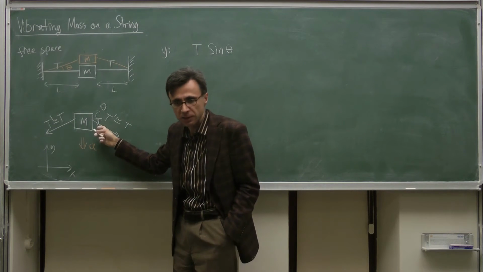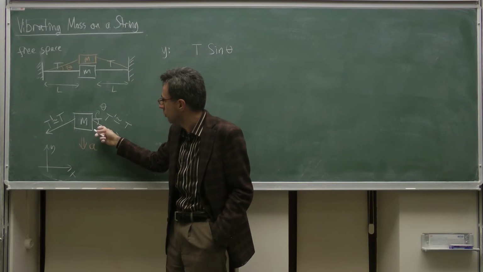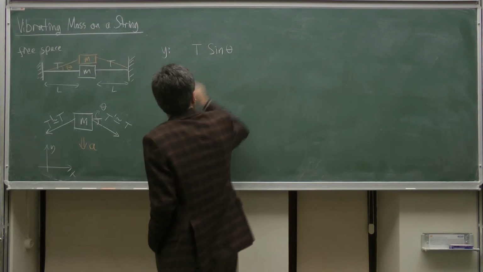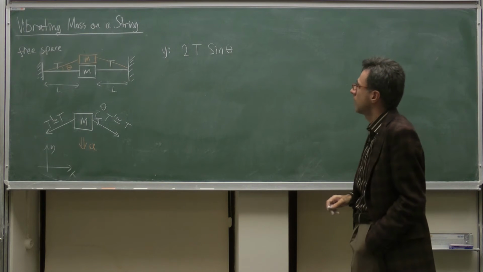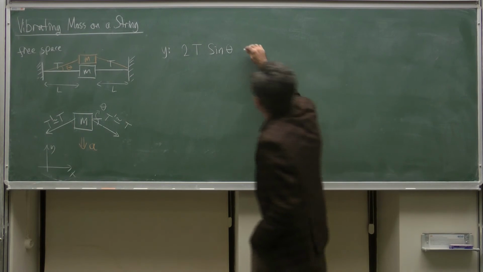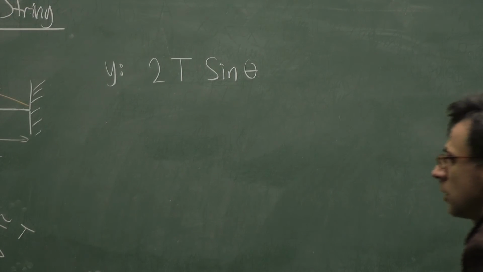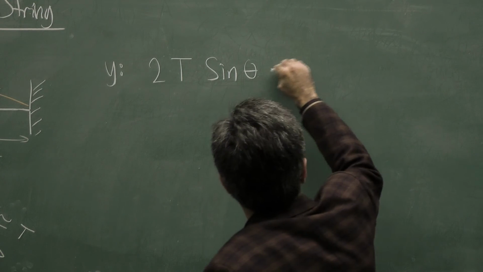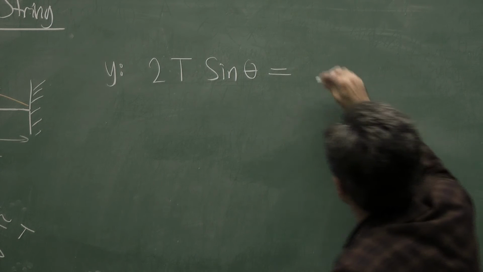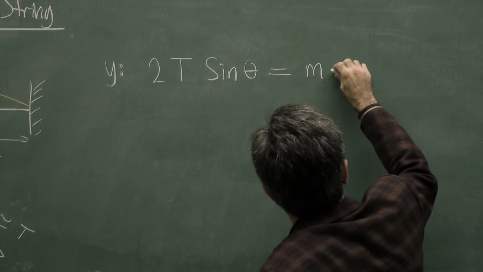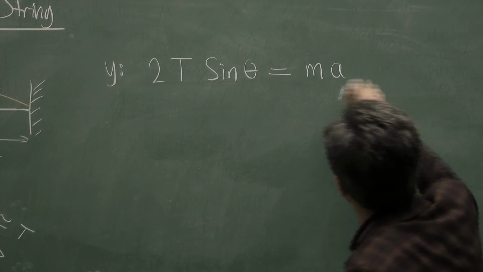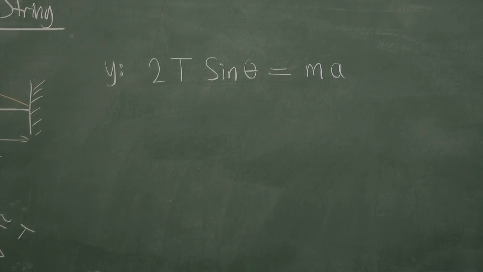It's a symmetrical system, so there's one more contribution coming from that side, which is identical to the left-hand side. So twice the force is equal to m times A. A is A_y. And there is no x component of the A.